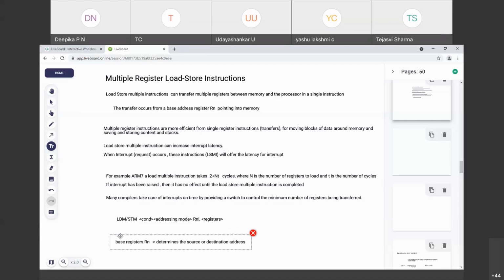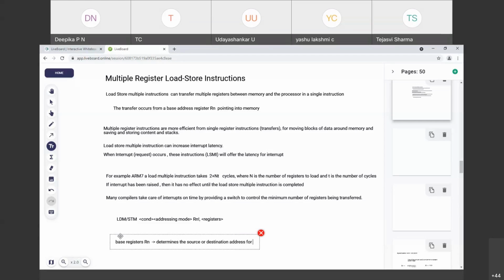When it points to the destination address, load might be in use. When it points to the source address, store might be in use. That's how RN can be utilized.